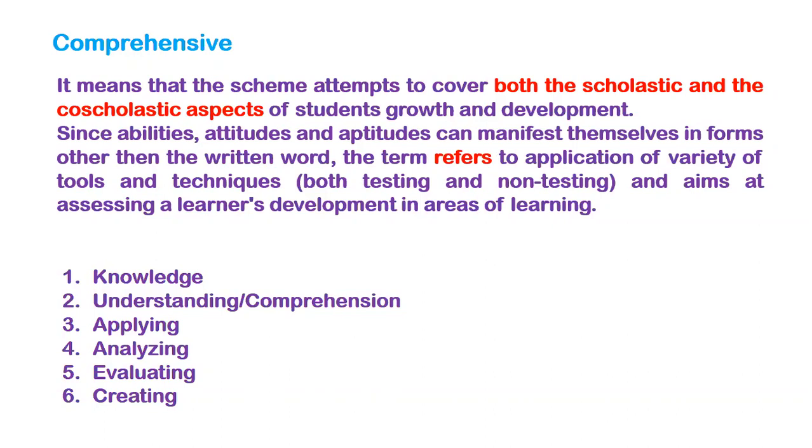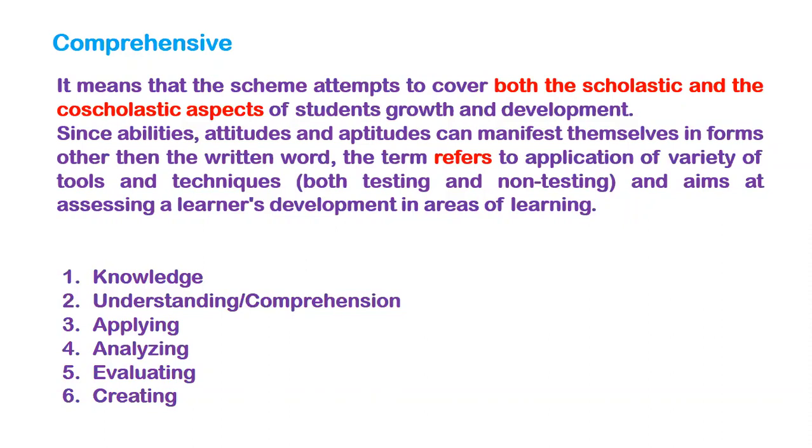So it's our responsibility to make sure that you are not missing any of the levels. You are starting from knowledge and ending with the creativity level. You need to understand where your child stands, whether my child stands at applying stage or analyzing stage, or he is at creativity stage.